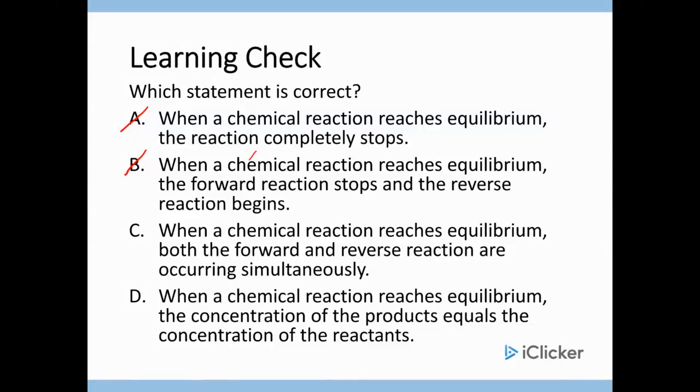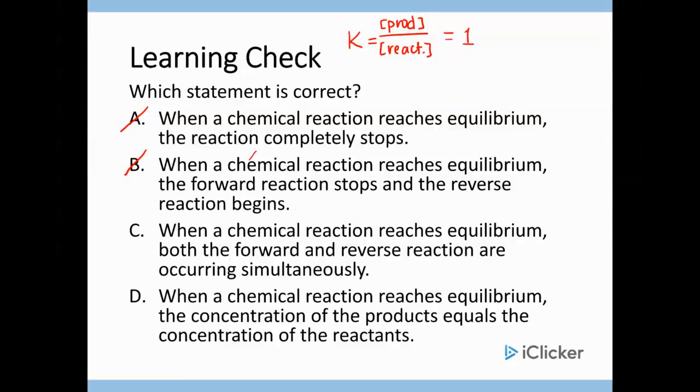When a chemical reaction reaches equilibrium, the concentration of the products equals the concentration of the reactants. If this were true, remember that K is equal to the concentration of products over the concentration of reactants. If those were equal at equilibrium, then K would always equal 1.